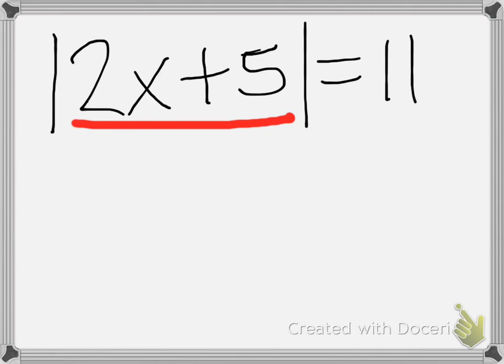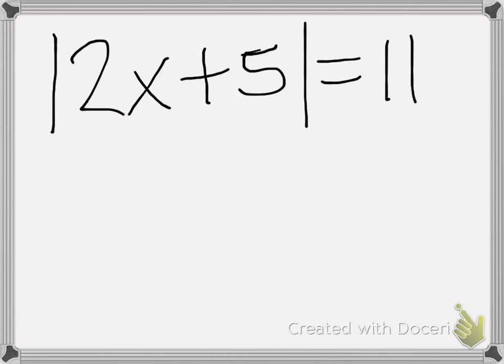Do I have anything that has the same last name? Any other x's that I can combine, or any other whole numbers that I can combine within the absolute value symbol? I see that I have 2x and a positive 5. So in all actuality, that is as simplified as it's going to get inside the absolute value symbol.